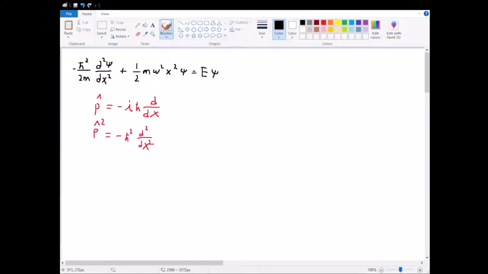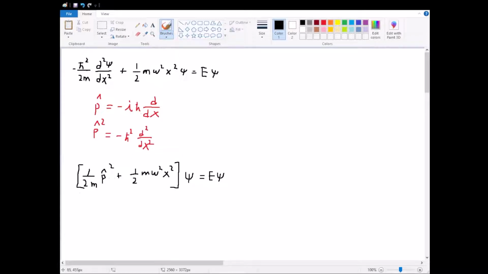So if we write everything in terms of operators, we have 1 over 2m times p hat squared plus 1/2 m omega squared x squared, and this whole thing is acting on psi, and this equals E times psi. And we're going to distribute out something to make this a little bit neater.